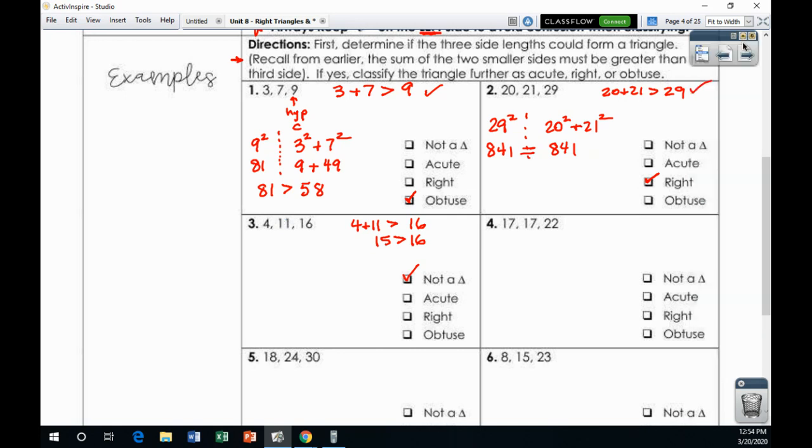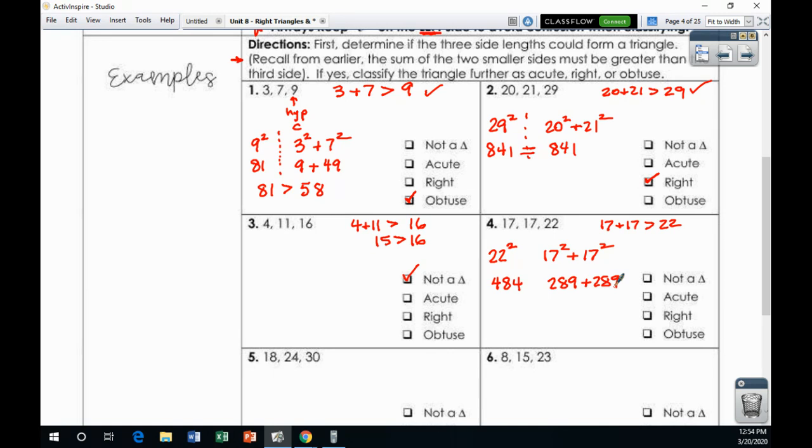Look at number 4. 17 plus 17 is definitely greater than 22. 34 is bigger than 22, so we know this makes a triangle. We take the hypotenuse squared and compare that to 17 squared plus 17 squared. 22 squared is 484. 17 squared is 289, plus 289.